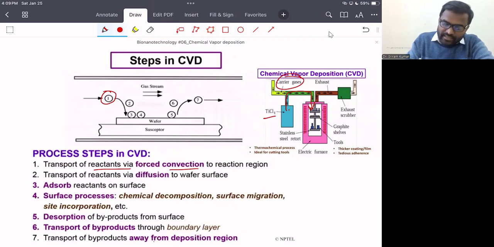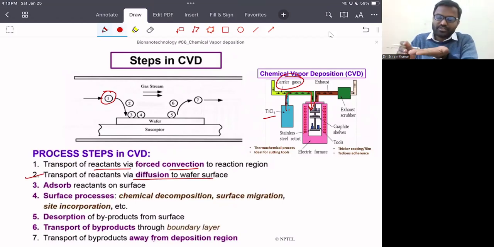The second step is diffusion. You have the substrate here, and your gas is passing in this direction. The gaseous molecules should diffuse from that linear movement to the substrate. So this is the diffusion of the gas towards our substrate material.